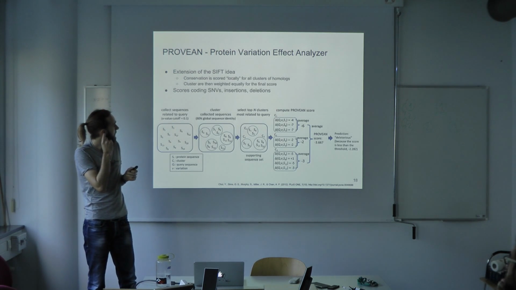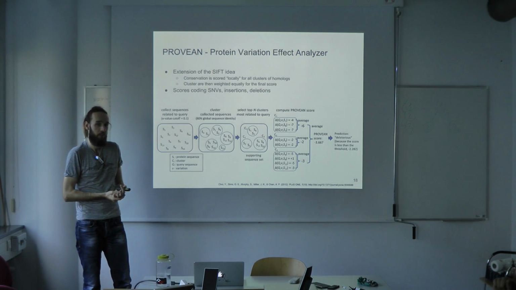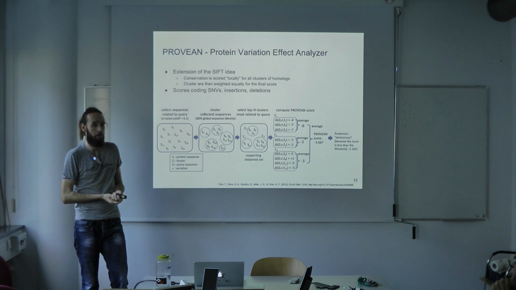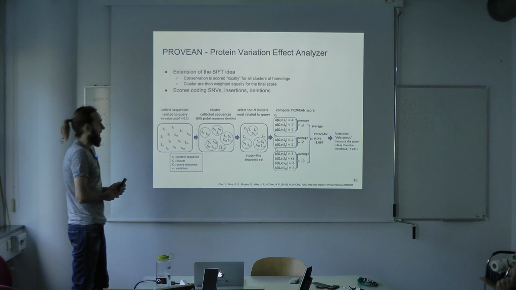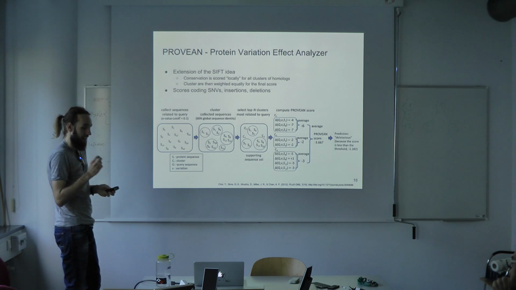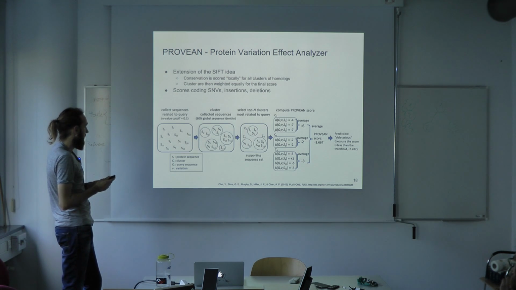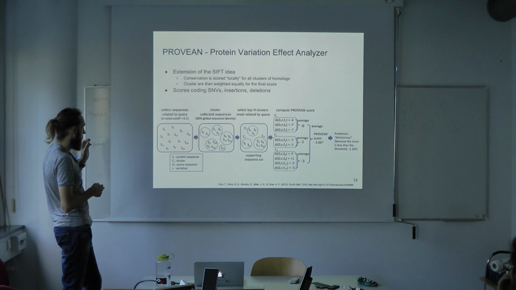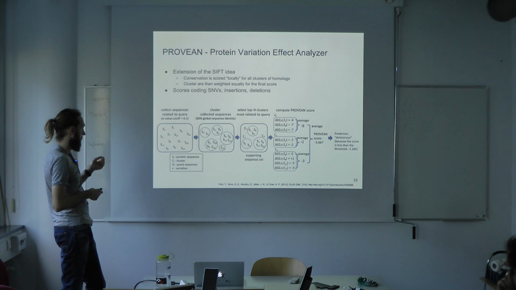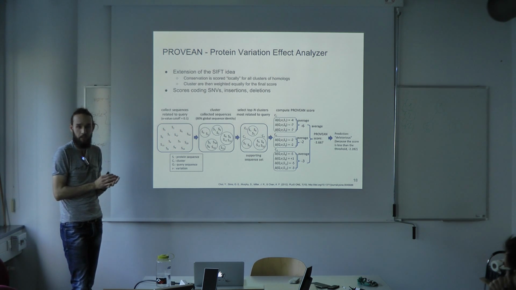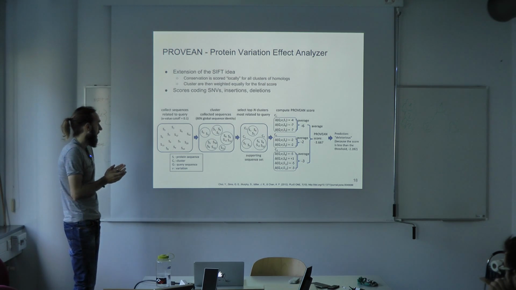Okay, an extension of that idea is Provian, which is a much newer method. Again, the basic idea is to look at the conservation. What they do differently here is you have a set of sequences, which are your similar sequences, the same ones we collected before, essentially.